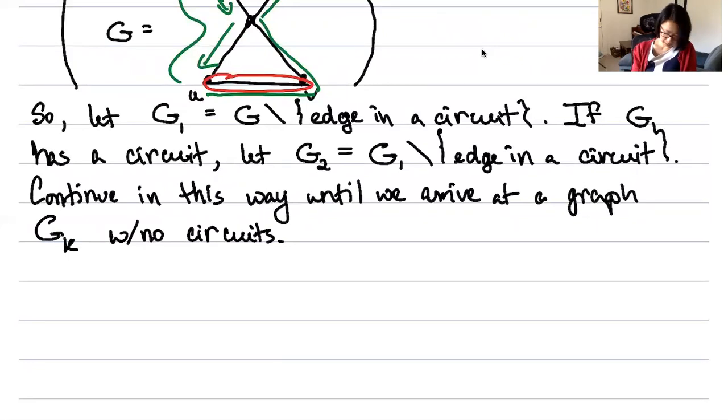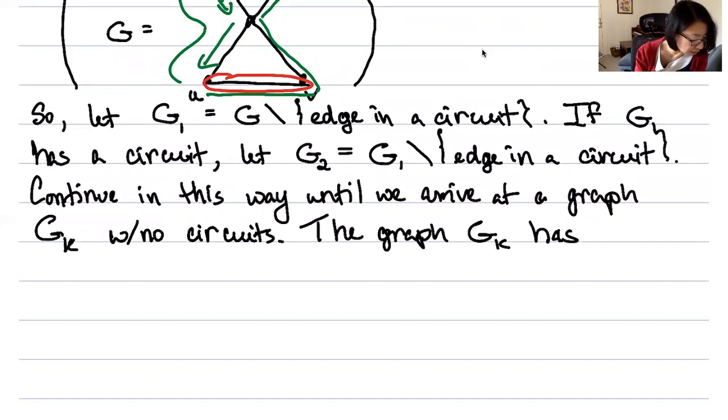So then how many edges does GK have? Well, the graph GK has, well, I started with how many edges? Oh, I started with n-1 edges, right?